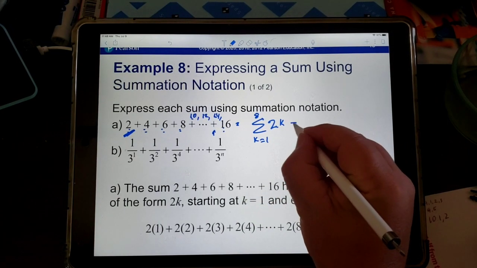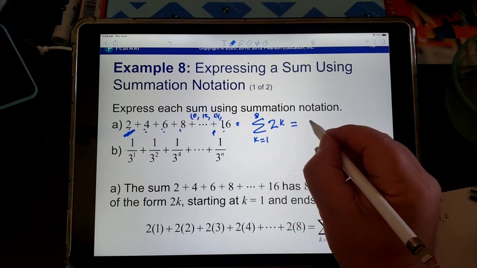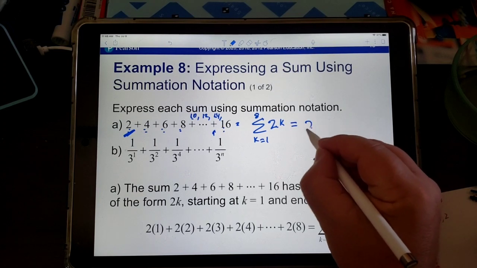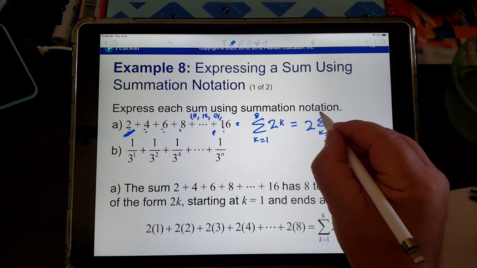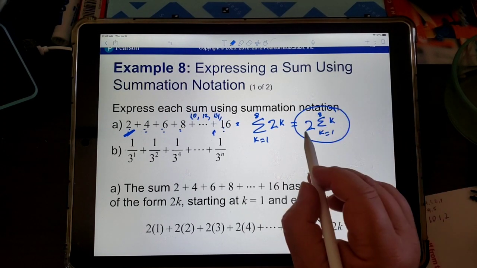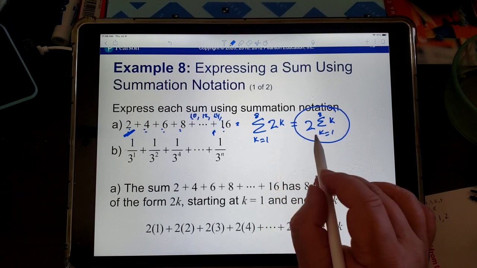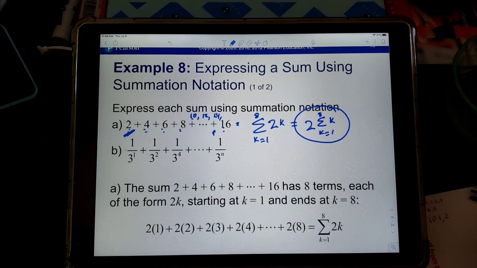By the way, there's something that we're going to be doing very soon, and that is when you have a 2 or any number, you can actually bring that out front and just leave the k behind. It's factoring out a constant. And factoring out a constant is going to be one of our tools that we're going to learn how to do in the next example.